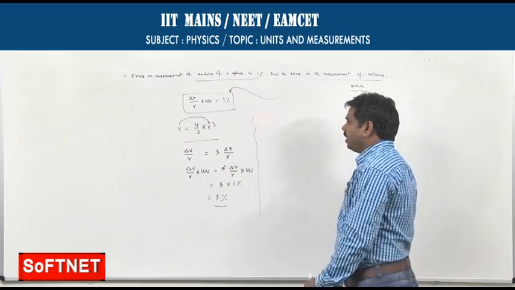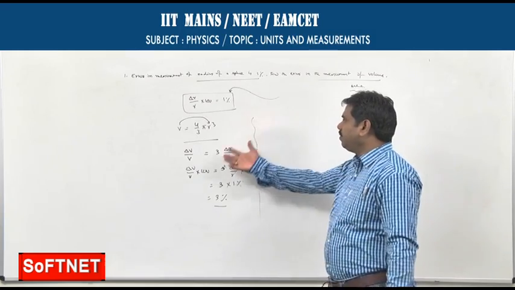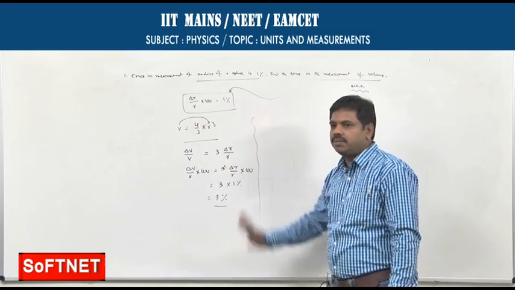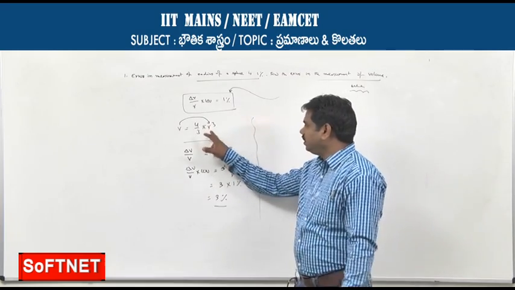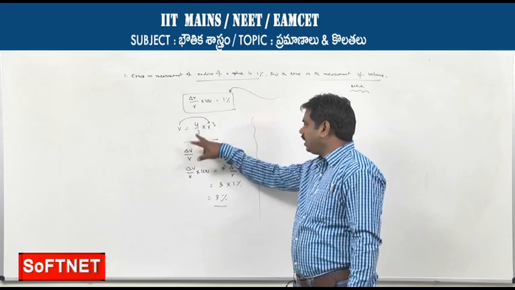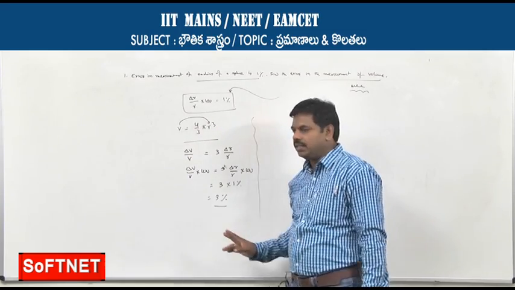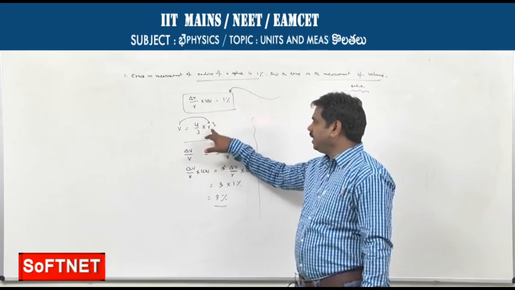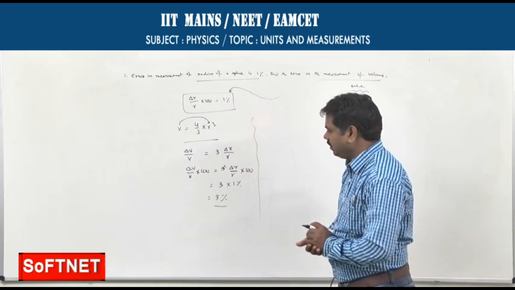So observe carefully here: if the percentage of error in the measurement of the radius is 1%, as the radius power 3 is the value, now the volume is going to be affected n times, that is 3 times, that is 3%. That means utmost care should be taken while measuring the radius here.